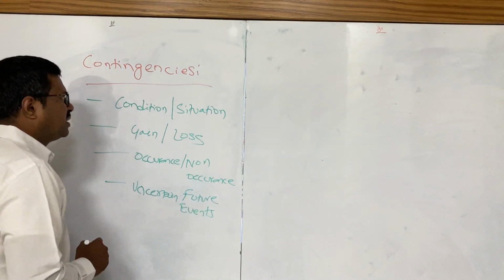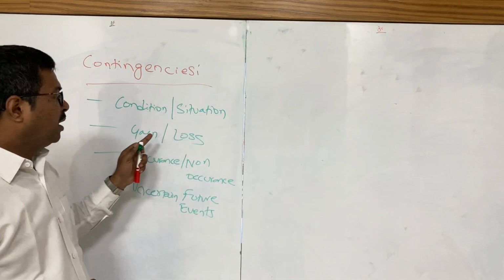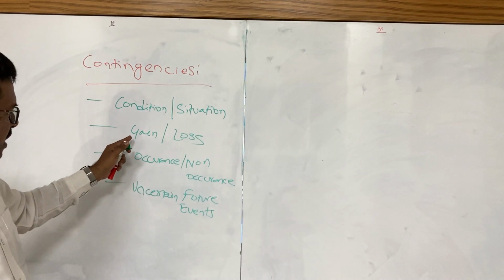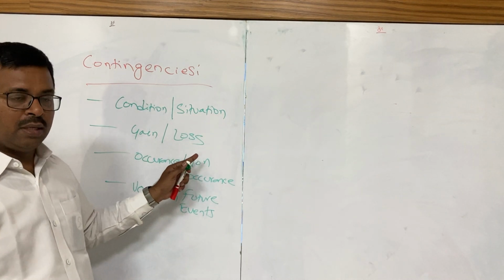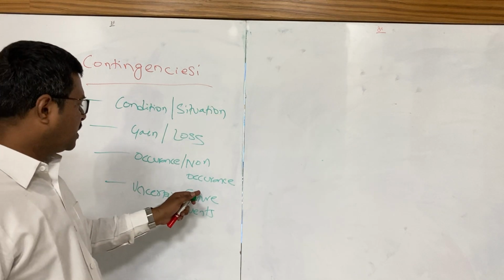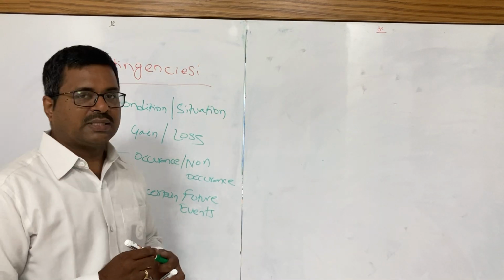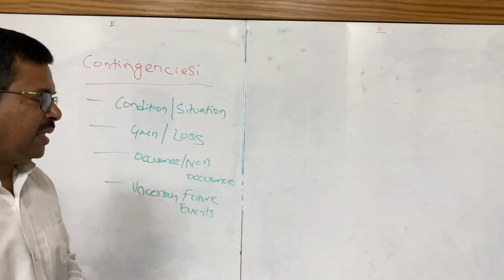The standard defines the contingencies as a condition or a situation, the ultimate outcome of which may result in gain or loss that will be known or determined on the occurrence or non-occurrence of any uncertain future events. That is called contingent event.